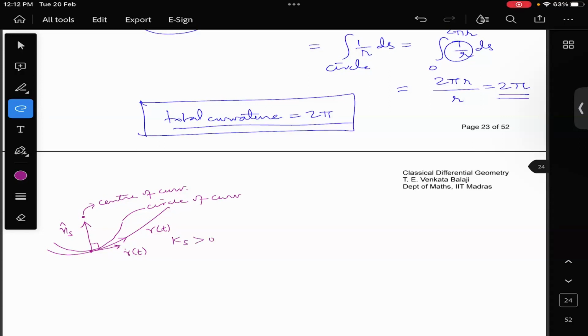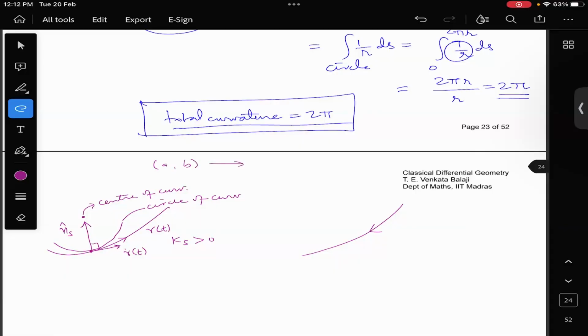Now let us reverse the orientation of the curve, in the same picture. So I am now going like this. How will you reverse the orientation? If the parameter t is increasing from A to B, where AB is the parameter interval on which gamma is defined, mind you, gamma is defined by a map from AB, an open interval on the real line, into R2.